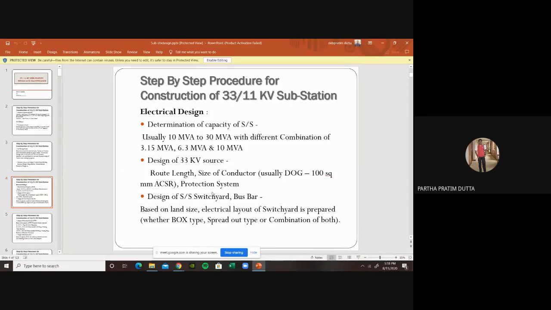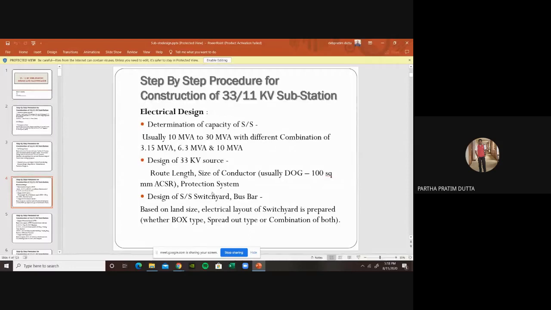Once we decide to construct a substation or bring a substation in certain areas, the moment the land has been procured or collected, we target that within 1 year to 1.5 years, the substation should be in place and the load should be catered through that substation. To reach that goal, we parallelly construct the civil part as well as the electrical part. So it's not serial, it is a parallel portion of the activities.